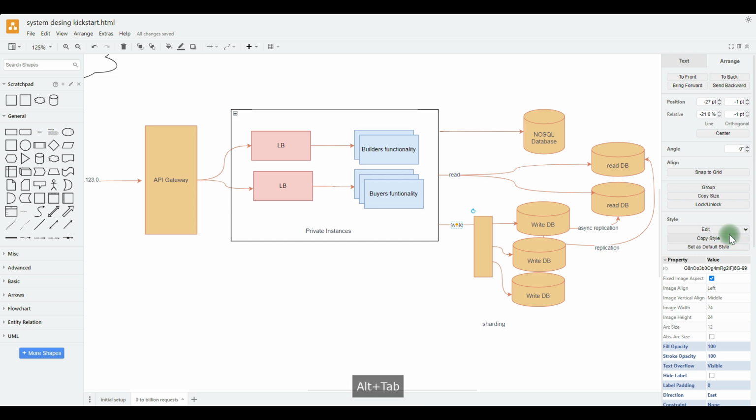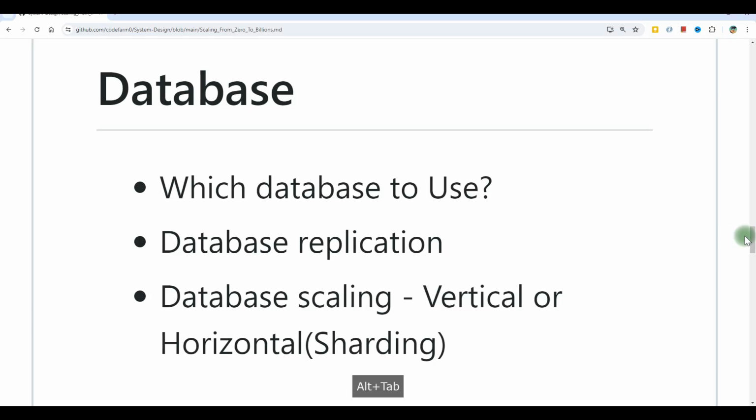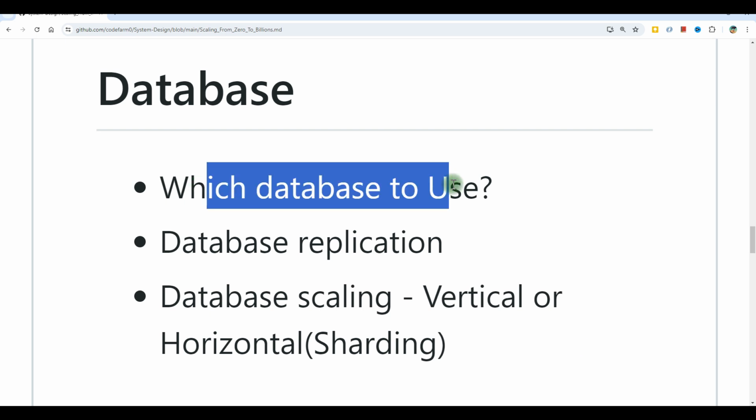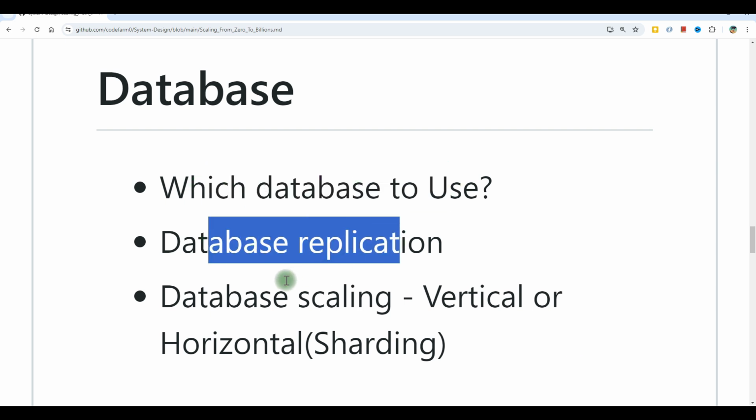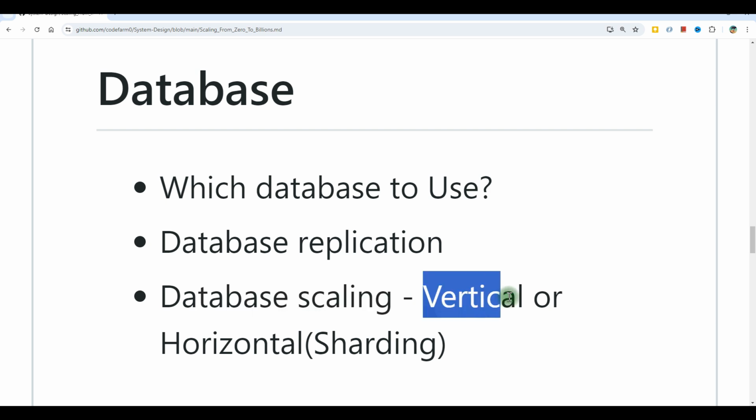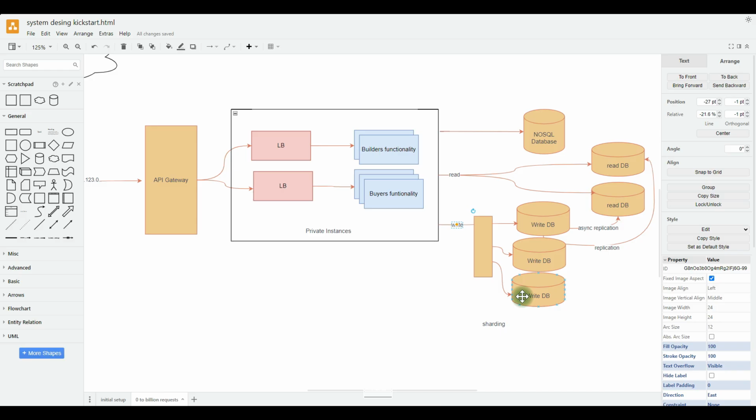So I hope I explained the things that I wanted to, like which database to use, database replication, and database scaling. Vertical scaling is the same thing we were discussing in the case of servers. The same server has increased capacity, like more memory and CPU.